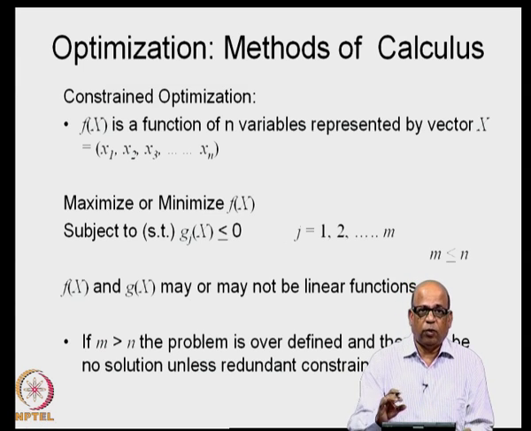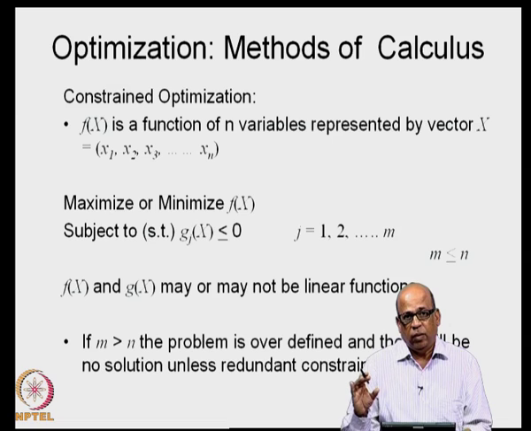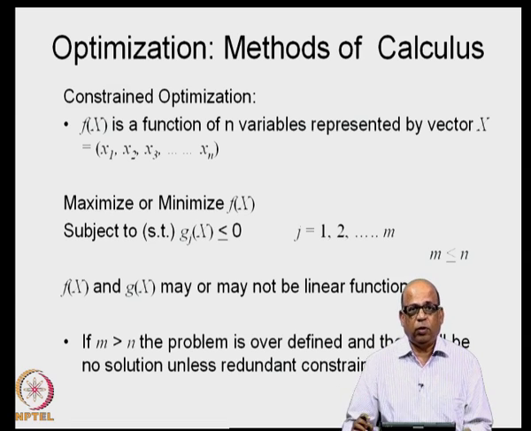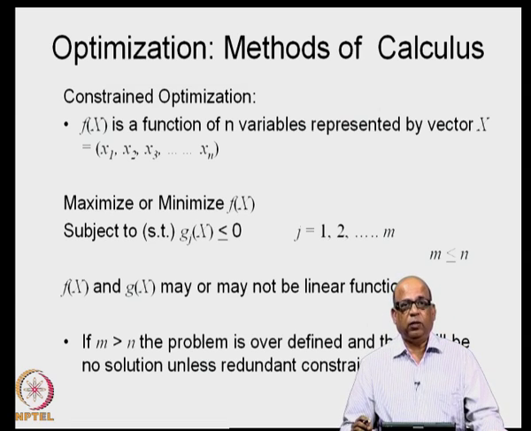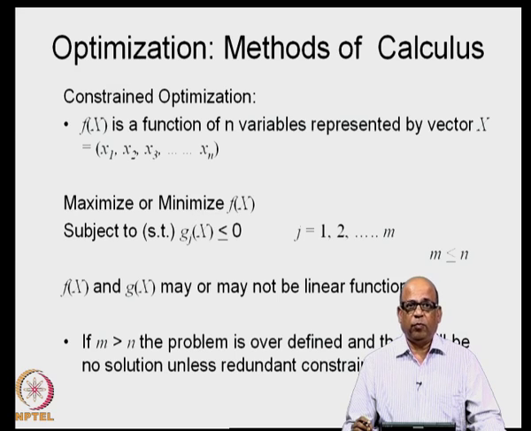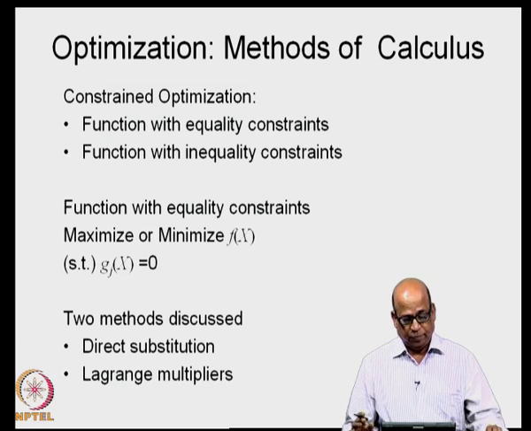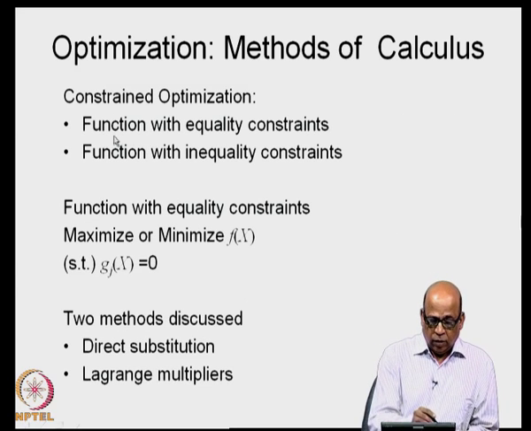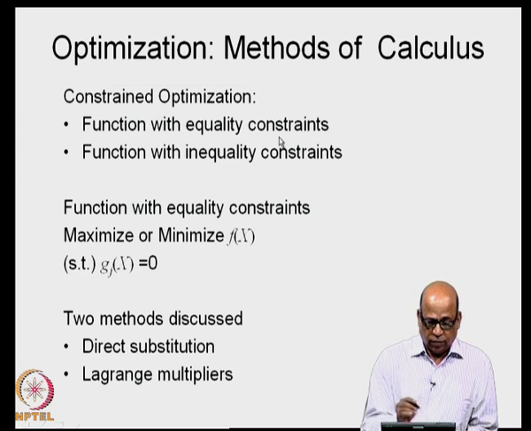That is, some functions of the decision variables x1, x2, x3 etcetera, all these functions are equal to 0. So, we start with problems with equality constraints.